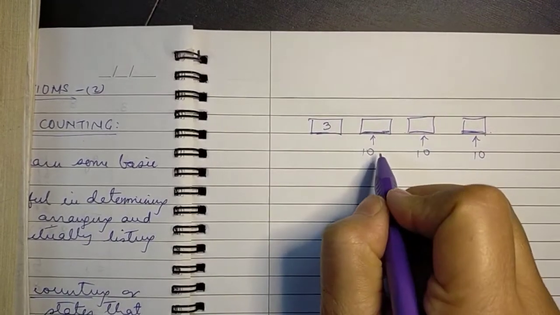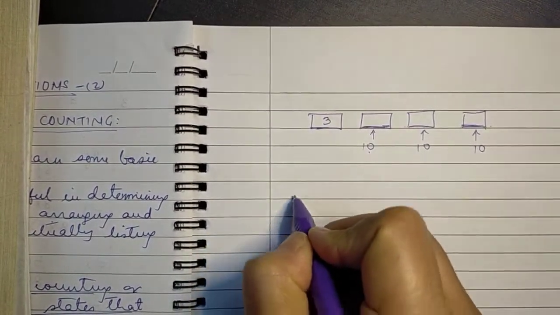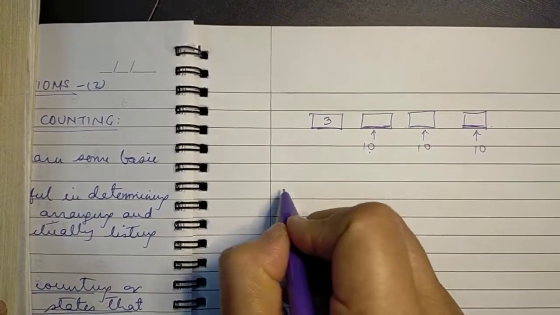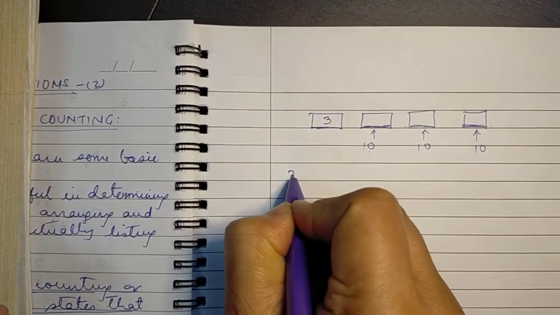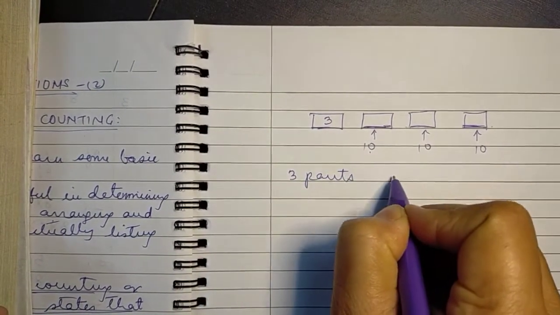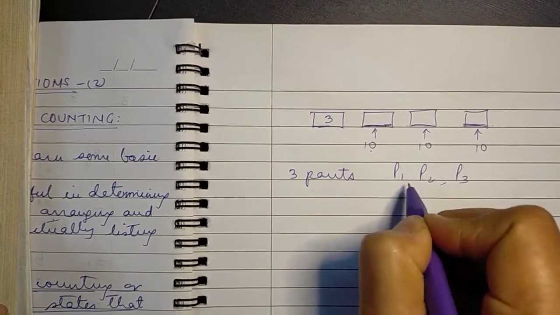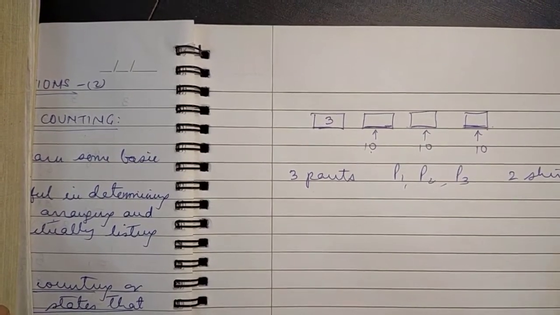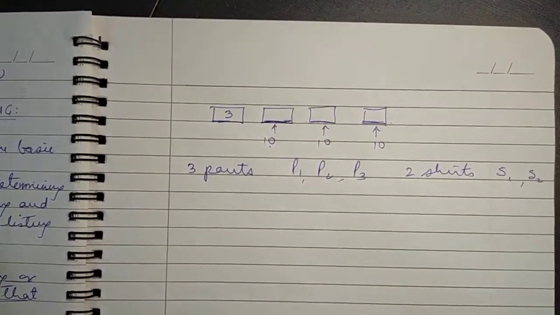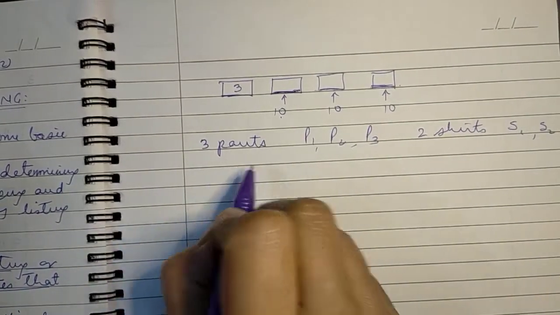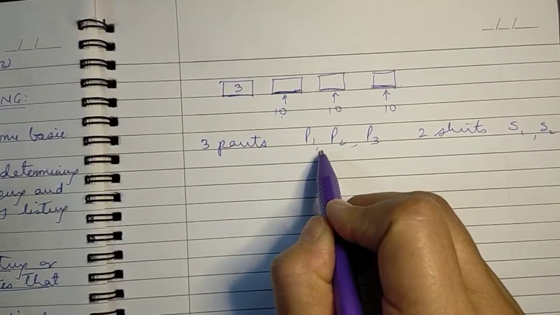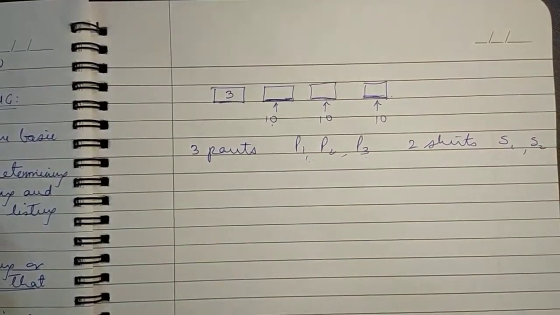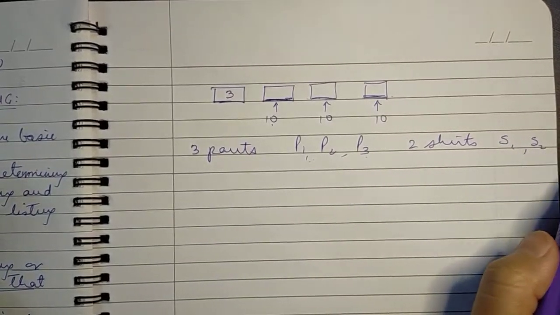Before doing this, first let's take a very simple example. Suppose a person has 3 pants or trousers, P1, P2 and P3, and 2 shirts, S1 and S2. Here we are not putting a restriction on which trouser goes with which shirt. We simply say that he has 3 trousers and 2 shirts available.